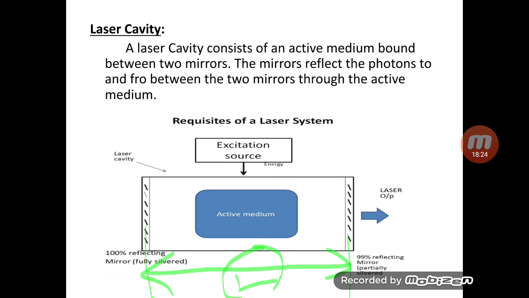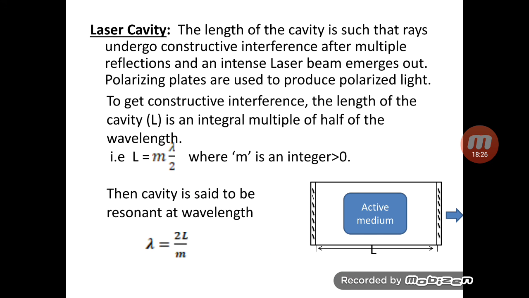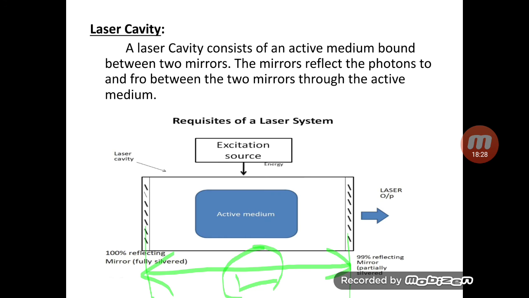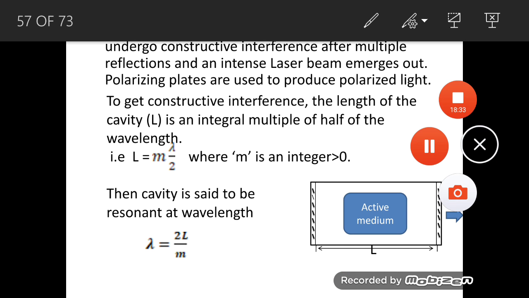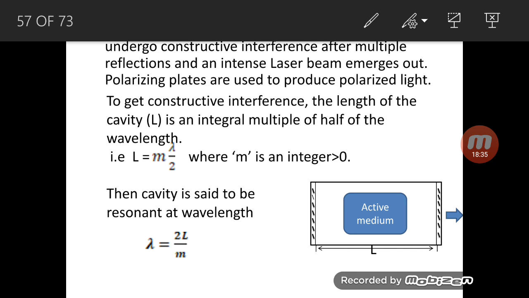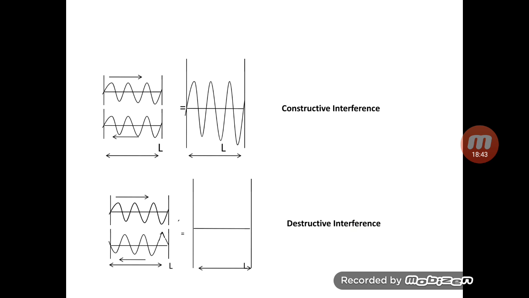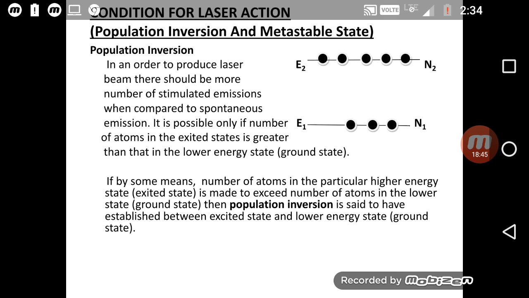What happens here is that in a laser cavity, I have two mirrors. Between them, the photons will be moving. For example, I have one photon here, which is moving from left to right.